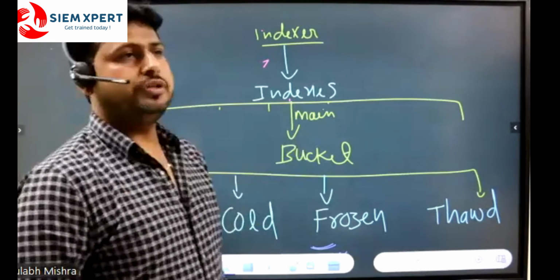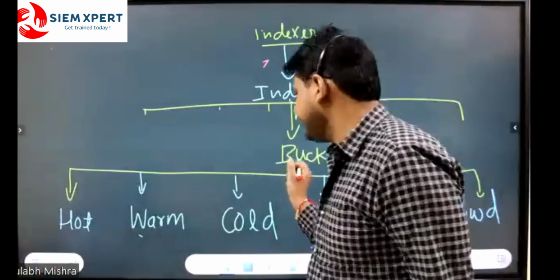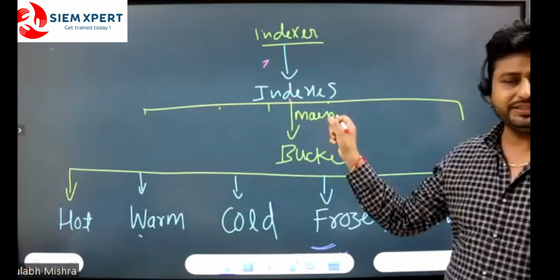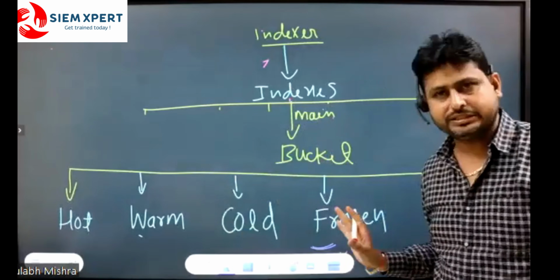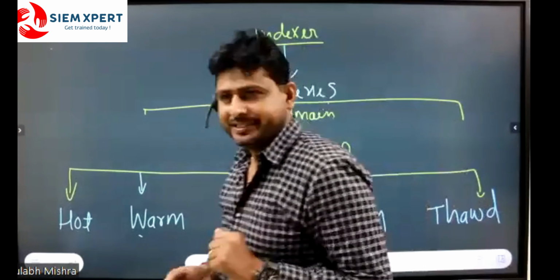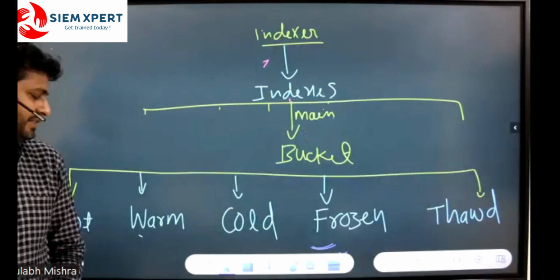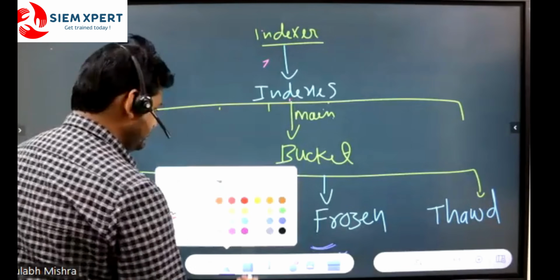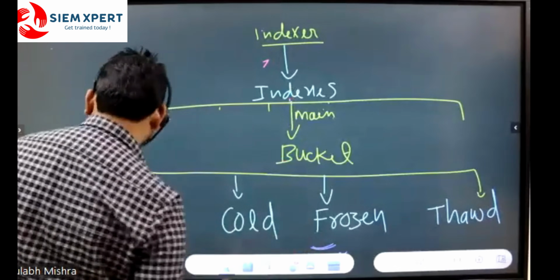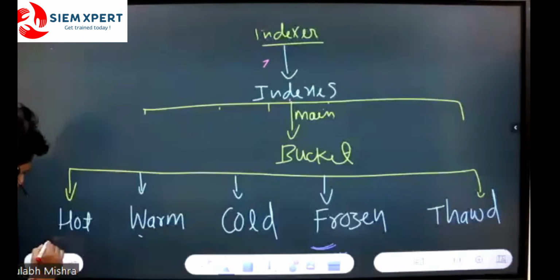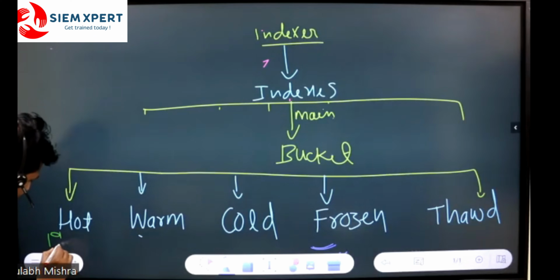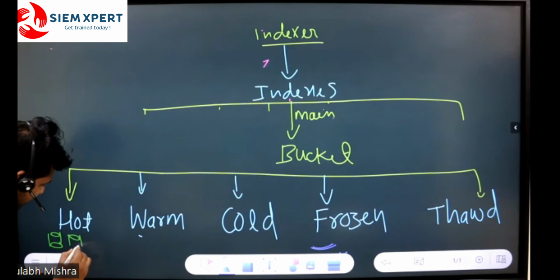These are the 5 further buckets in every index. Again, small buckets: in the hot bucket, you will again have multiple small buckets. It's not a single bucket again.